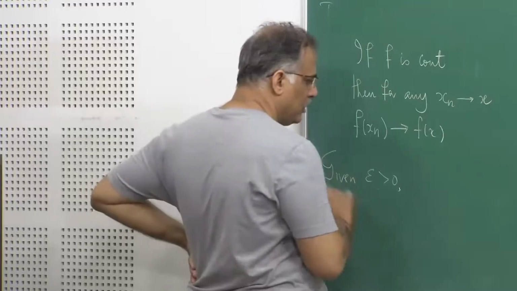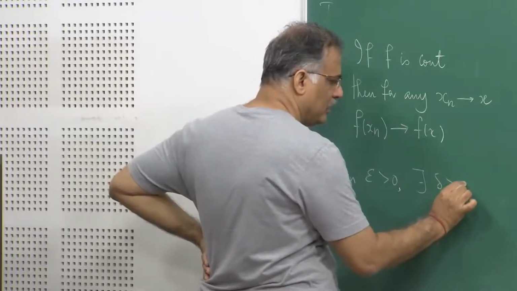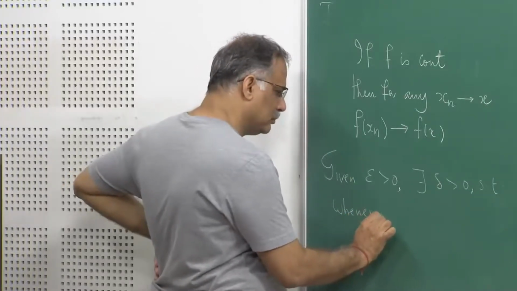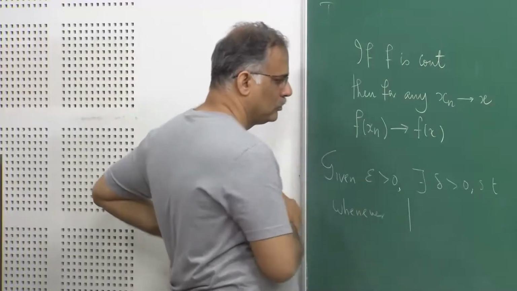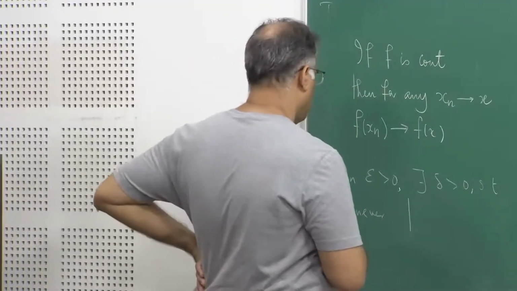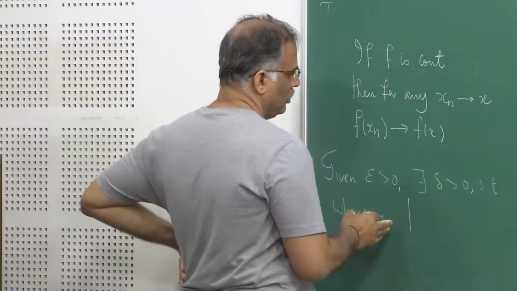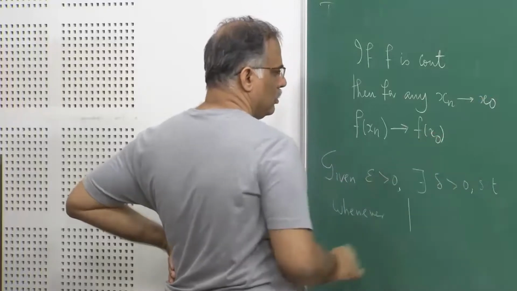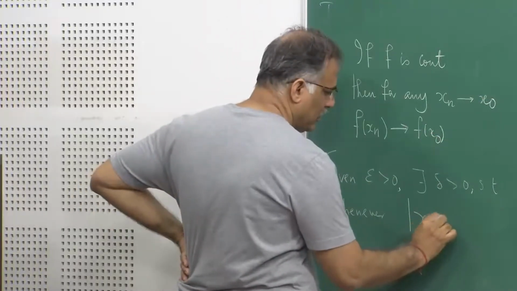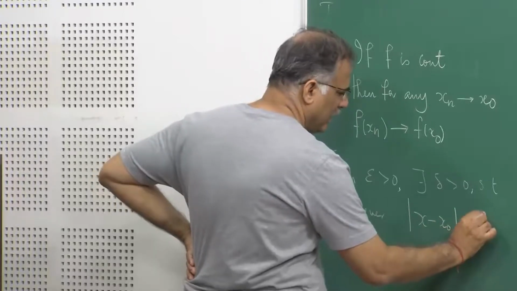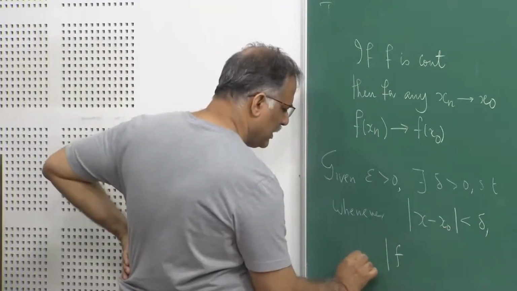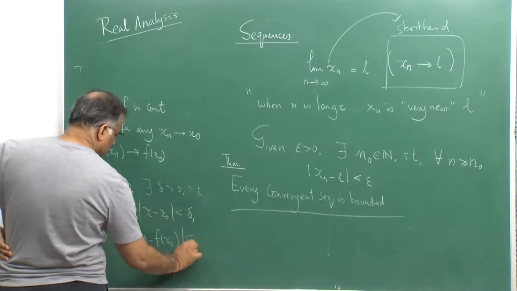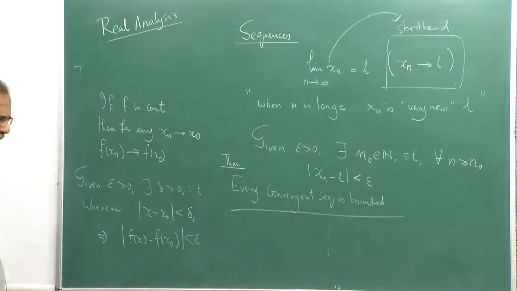Given epsilon greater than 0, there exists delta greater than 0 such that whenever x is tending to, maybe I should write x naught, that is when |x minus x naught| is less than delta, it implies that |f(x) minus f(x naught)| is less than epsilon.